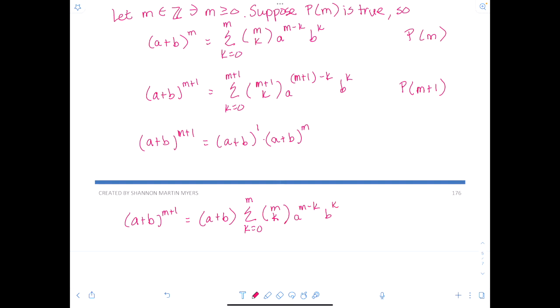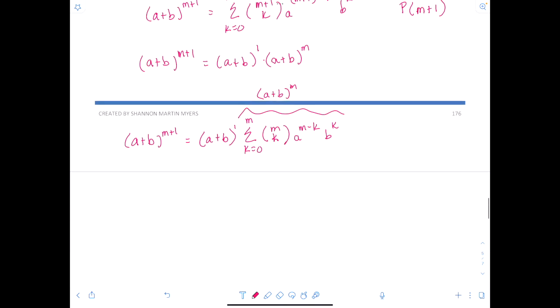So just to keep track, this right here is a plus b to the m. And then, of course, this first one was a plus b to the 1. So it's really kind of groovy right here what we're doing.